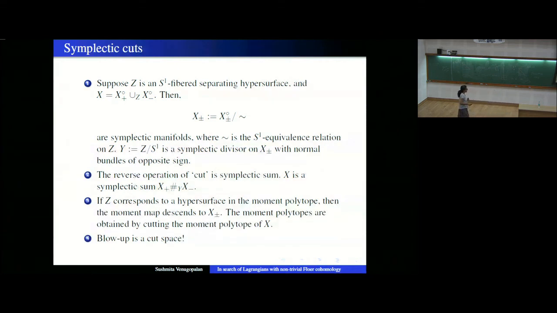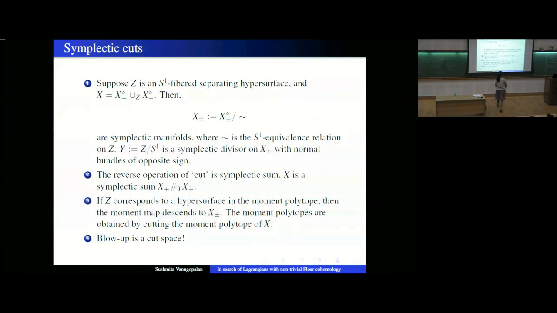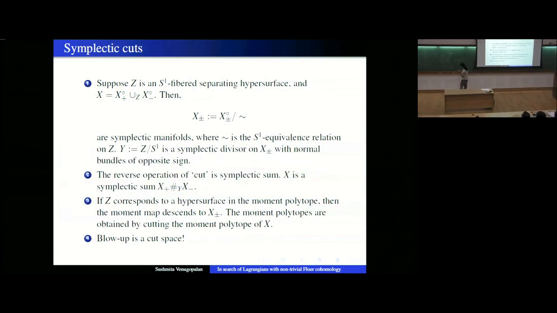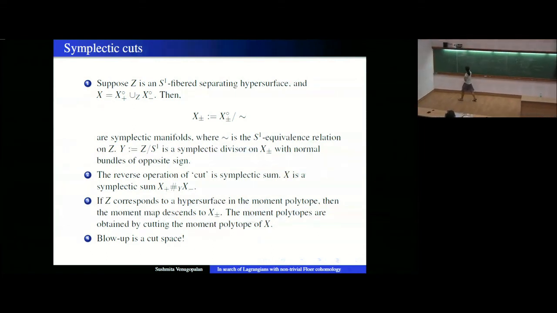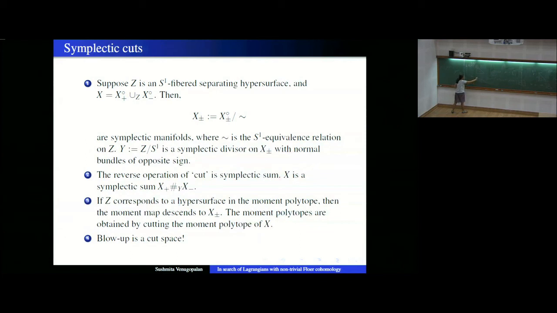In particular, if Z is a hypersurface in the moment polytope, for example, if this is your moment polytope and you take Z to be the inverse image of this hypersurface, then the torus action descends to the cut spaces, and they are going to have those two moment polytopes.